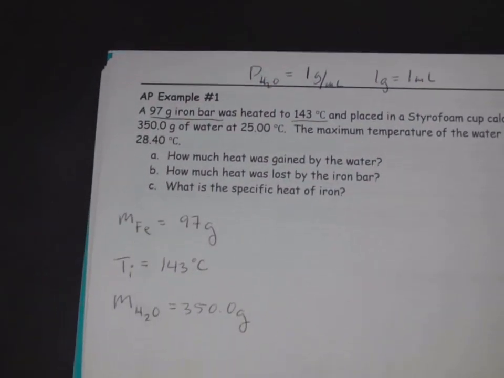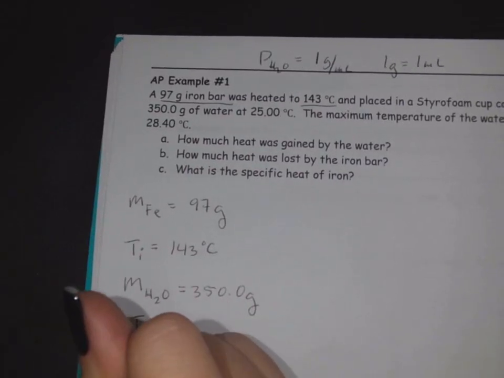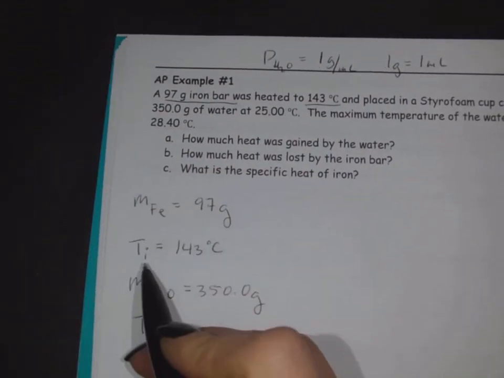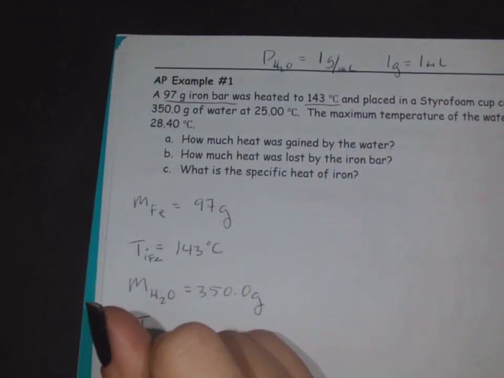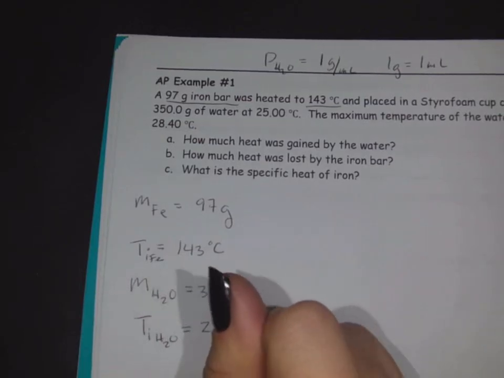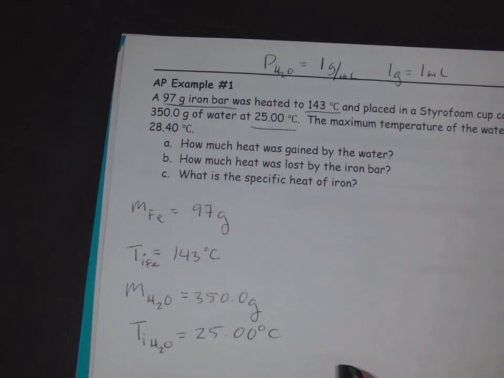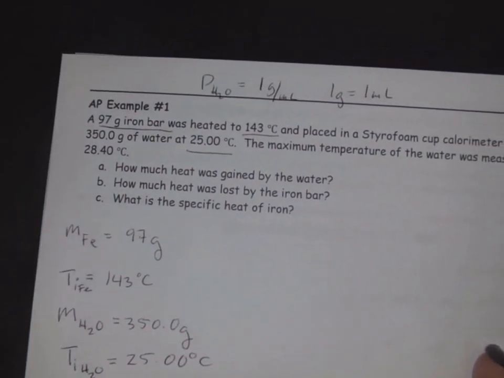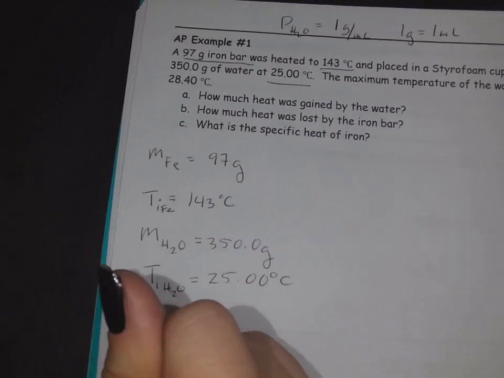Okay. At 25 degrees Celsius. So this is temperature initial of the iron. This is temperature initial of the water, 25 degrees Celsius.